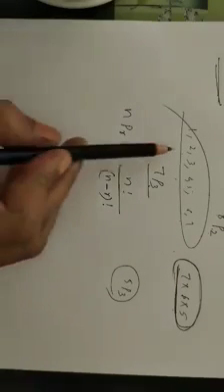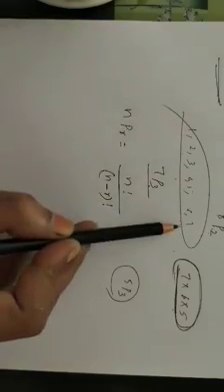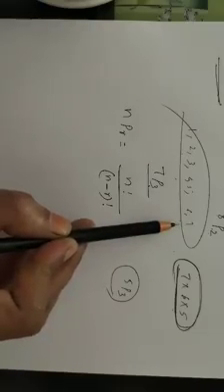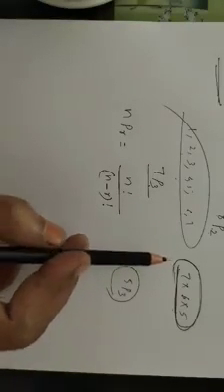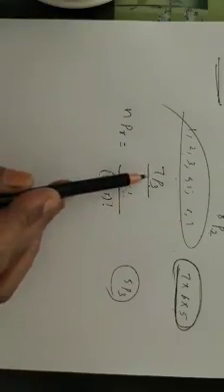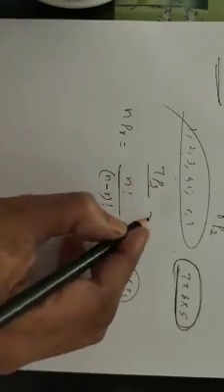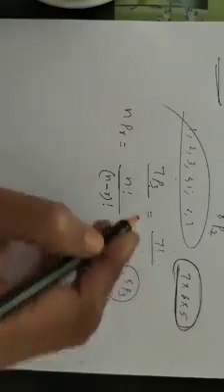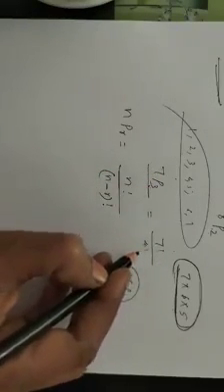According to permutation, in total we have 7 objects. For a 3-digit number, we have to arrange 3 numbers. That is the arrangement of 3 out of a total of 7, denoted by 7P3. What is 7P3? 7 factorial by 7 minus 3, that is 4 factorial.